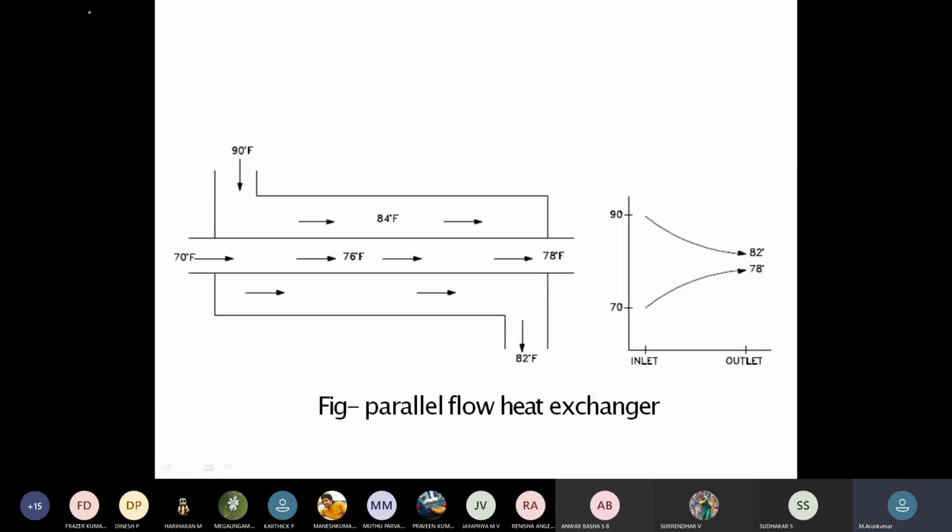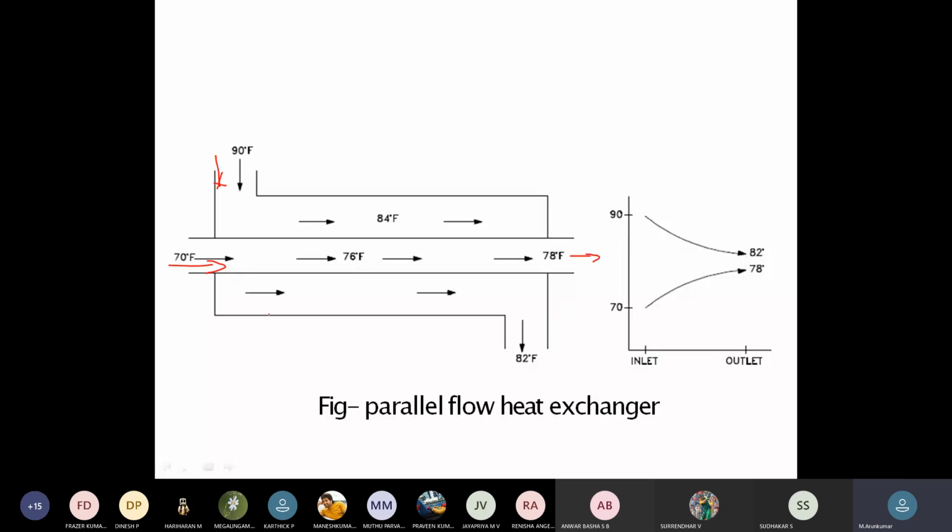This is the line diagram of the parallel flow heat exchanger. We pass the cold fluid as well as the hot fluid in at one end, and we get the cold fluid and hot fluid out at the other end. The initial temperature of the cold fluid is 70 degrees Celsius, and the initial temperature of the hot fluid is 90 degrees Celsius.